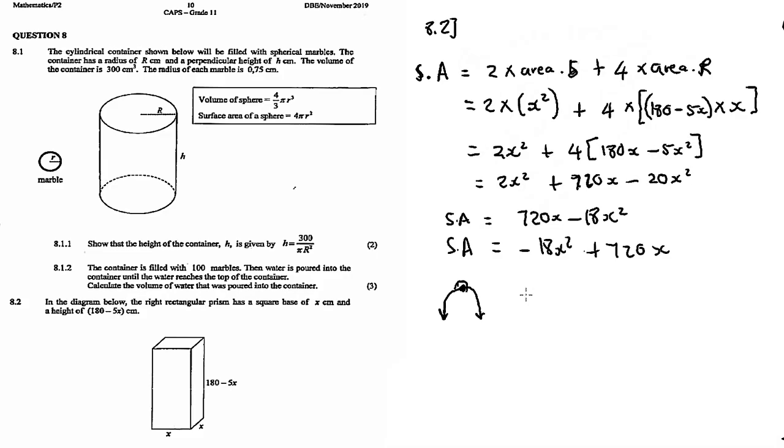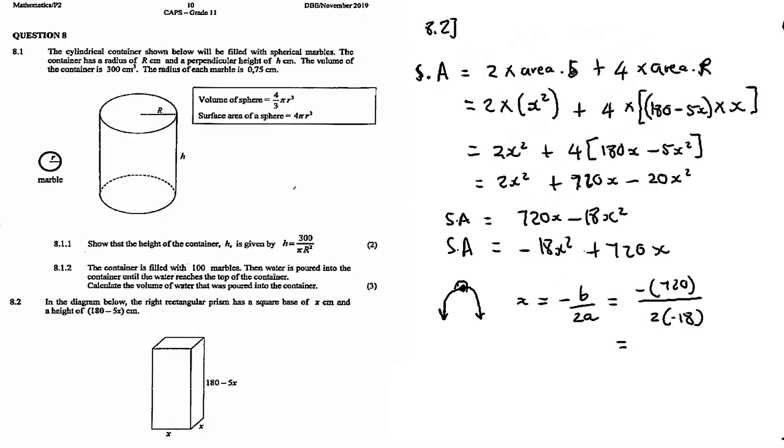Here x is equal to minus b over 2a. So if your parabola is given in standard form, we calculate the turning point using this formula: x equal to minus b over 2a. Here b is 720, so it's minus 720 divided by 2 times negative 18.